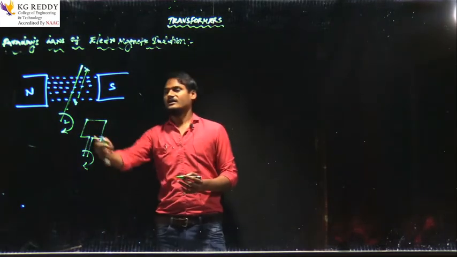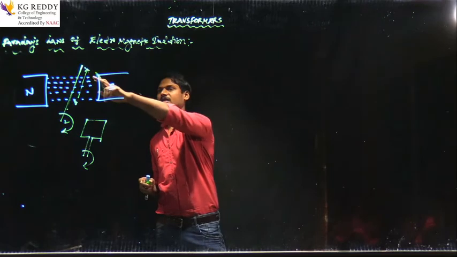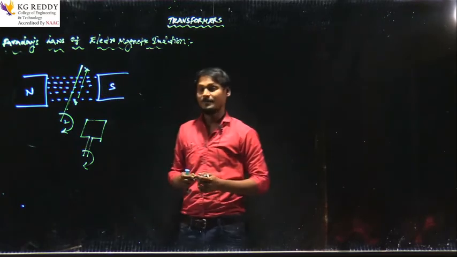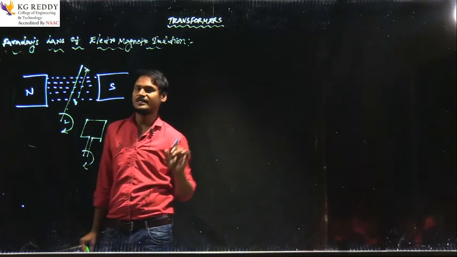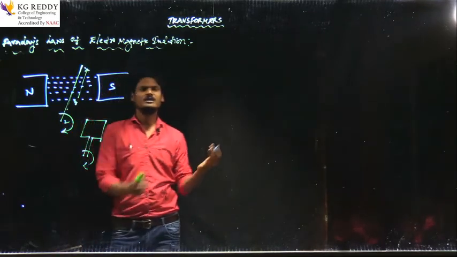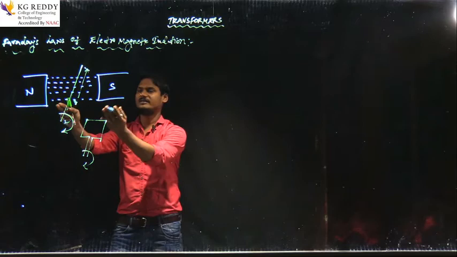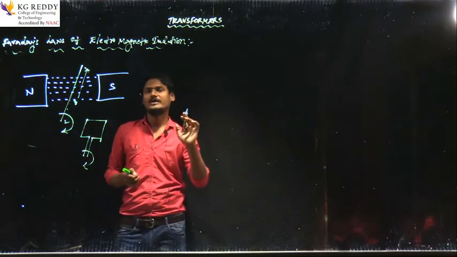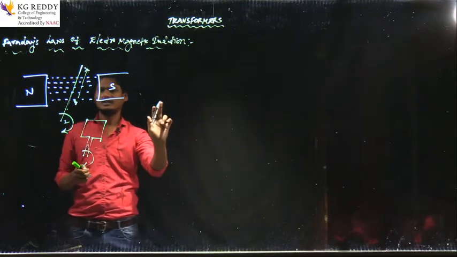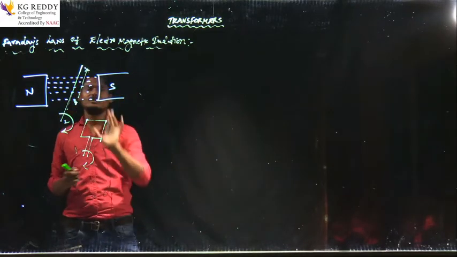Basically here, this is a single conductor and this line also represents a single conductor. But in practice, we have a bunch of conductors, right? That bunch of conductors cannot be placed here, we cannot represent a bunch of conductors on the board. So we can consider only one single conductor, which I have represented here.